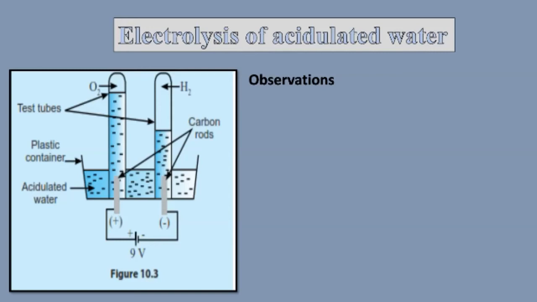To the portion of the carbon rods which is out of the cup, connect a connecting wire and a 9-volt battery. The carbon rod that is connected to the positive terminal of the battery becomes the positive electrode, and the carbon rod which is connected to the negative terminal of the battery becomes the negative electrode.